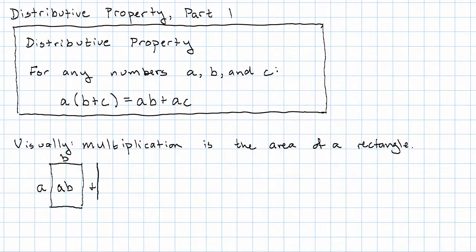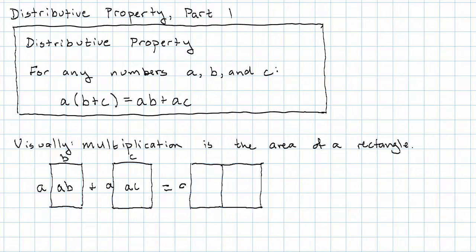And then we have another rectangle that's a high and c wide, so its area is a times c. We can imagine taping them together into another rectangle that's a high and b plus c wide, so that the area is a times (b plus c).